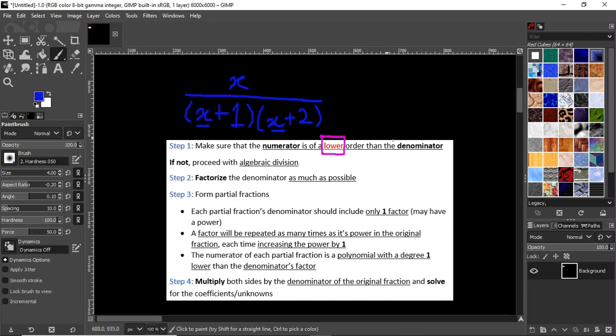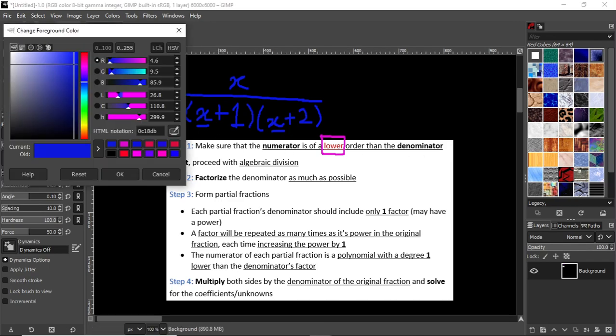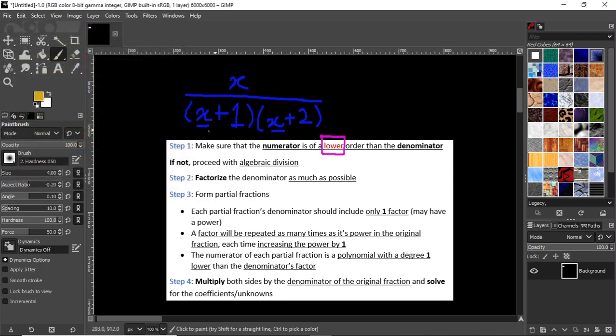So the order of the denominator is 2. And 2 is greater than 1, so the numerator has a lower order than the denominator. This one is fine, you can move on to the next step, step 2.